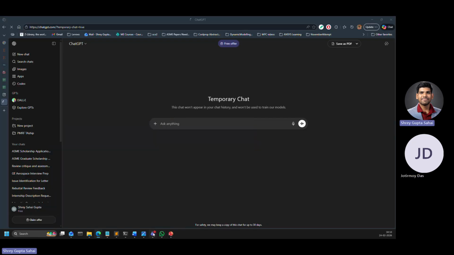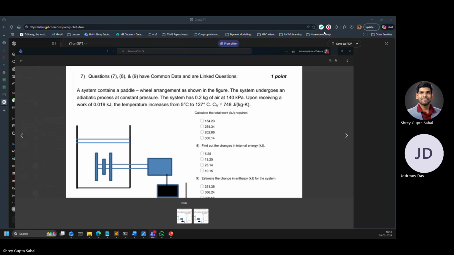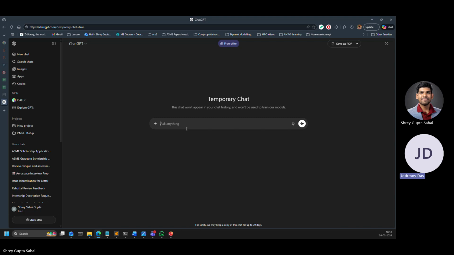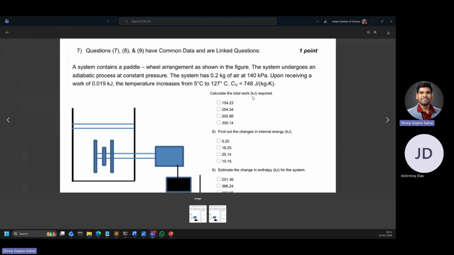A units issue is there, I feel. Even then, when you say total work, it should be boundary work, I feel. But even then there is a big difference. Units maybe, as you said. I think they have changed the units. This should have been in joules or something, I feel. See, 18.25 into 1.4, how much is it?